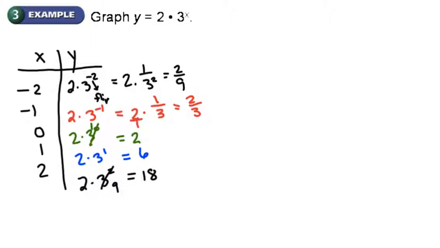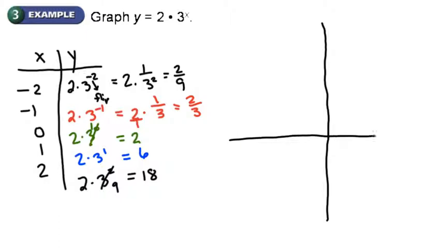All right, so now let's go ahead and graph this. We have our ordered pairs. We know where we're going, kind of. And again, this does not have to be perfect. I'm not going to get all the way up there.